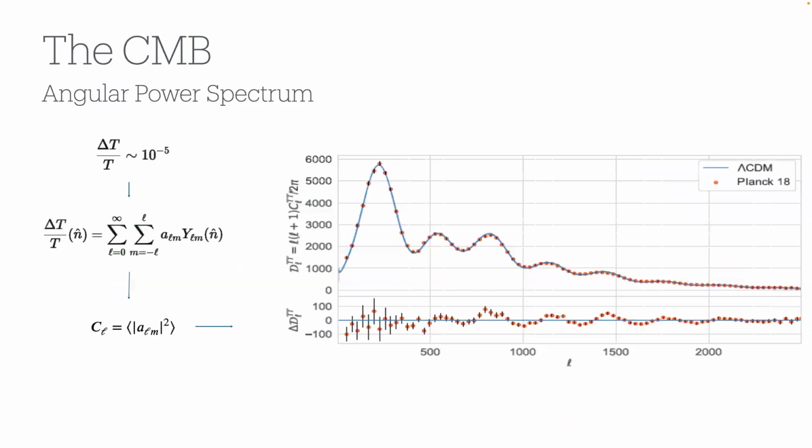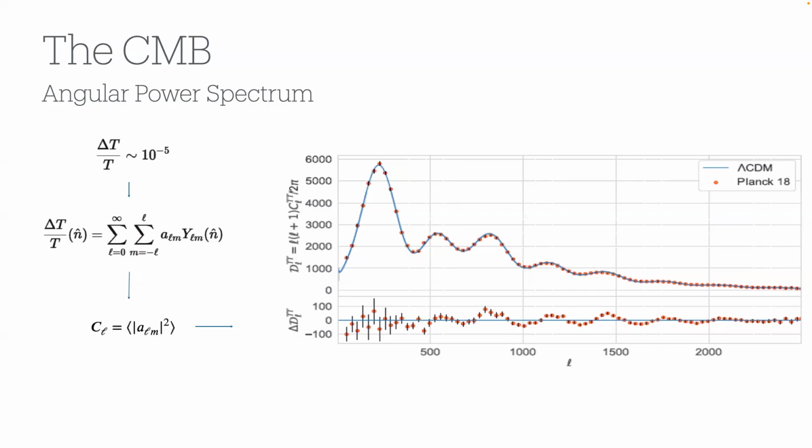okay, so the idea, as you know, is that we have these tiny fluctuations in the temperature that are of the order of 10 to the -5. They are scattered across many directions in the sky, so we can compute the spherical harmonics, and then we can get the angular power spectrum from the coefficients, the variance. We can plot it. This is the data from Planck, the legacy before the new results of ACT.